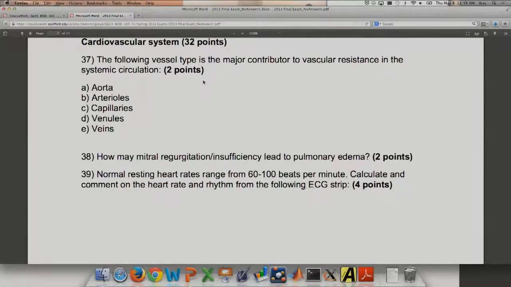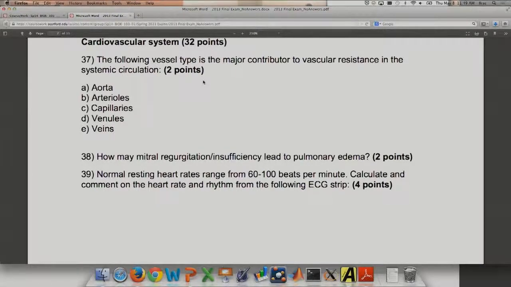To get full credit, you would say, this is your left atrium, this is your mitral valve, this is your left ventricle. In normal conditions, blood shouldn't flow from the left ventricle to the left atrium, because when the left ventricle contracts, blood should go out the aorta. This valve should shut, because flow should be unidirectional.